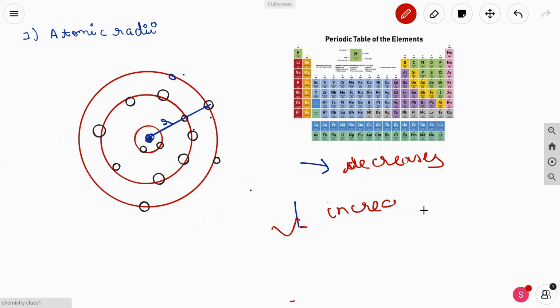So by this, we can say that iodine's atomic radius is more than fluorine's, and fluorine's atomic radius is less than that of lithium or boron or any of the elements over here. That is atomic radii.